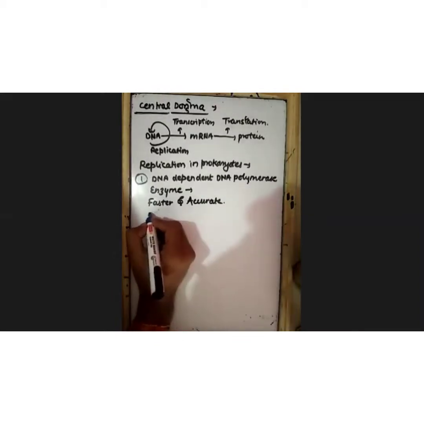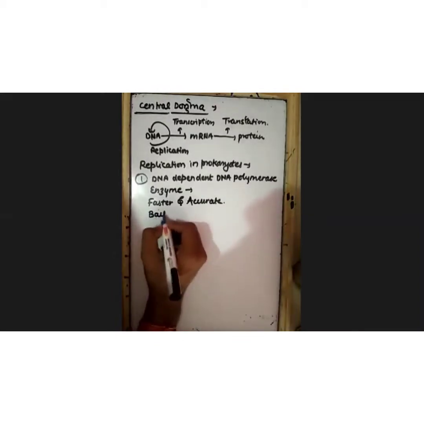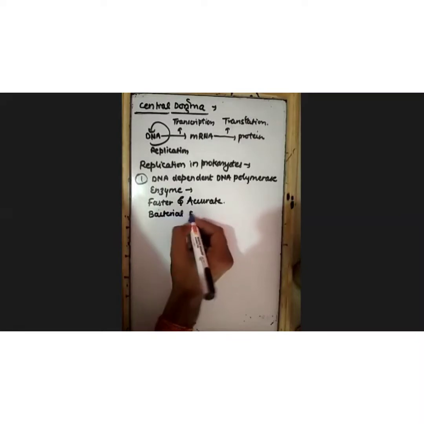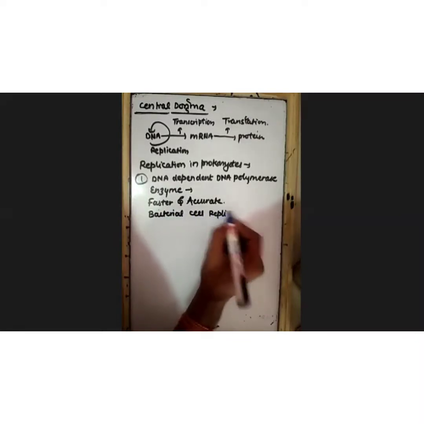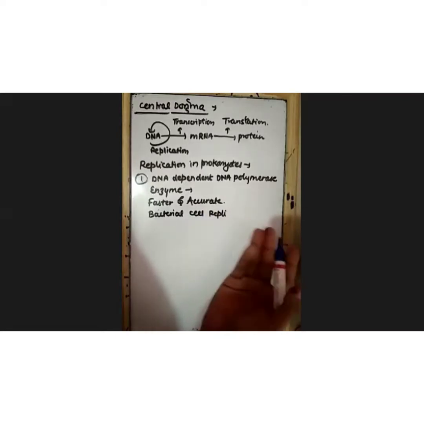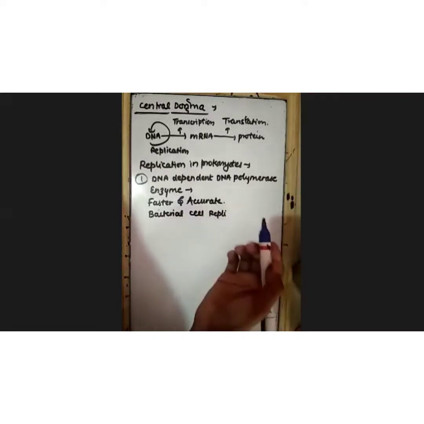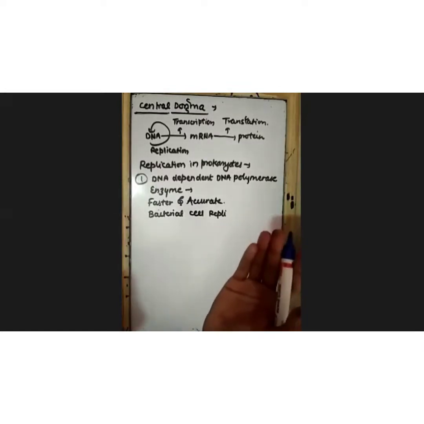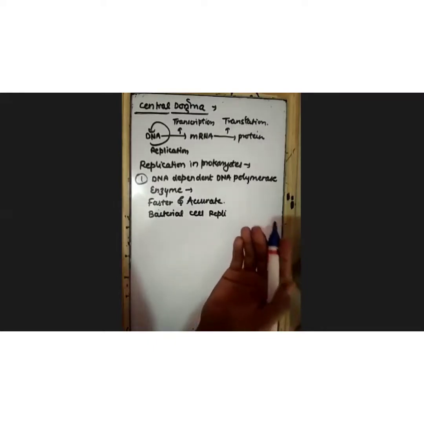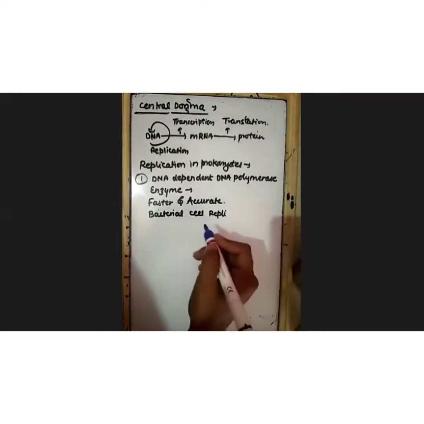Basically, a bacterial cell replicates. What is replication basically? Replication is the formation of a replica. Replica means copy. The formation of a copy of the DNA is replication. How the copy is formed, we will discuss.